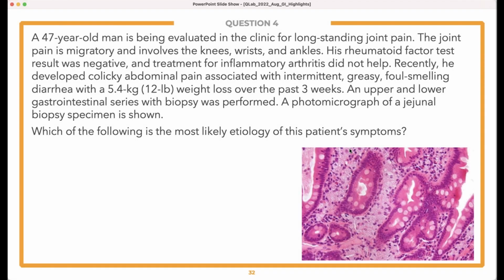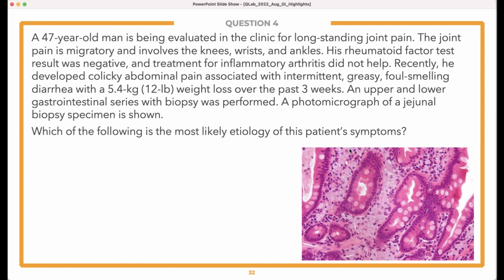So let's go ahead and open this up, and again, we've got all of those answer choices covered up. We do have an image for you to look at here, so let's look at the lead-in. Which of the following is the most likely etiology of this patient's symptoms? So you kind of know what you're going to be looking for as we read through the vignette. A 47-year-old man is being evaluated in the clinic for long-standing joint pain. The joint pain is migratory and involves the knees, wrists, and ankles.